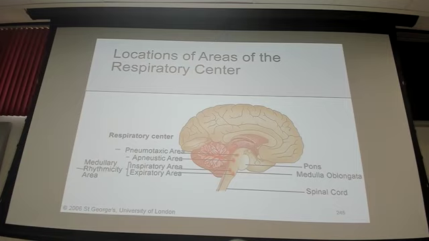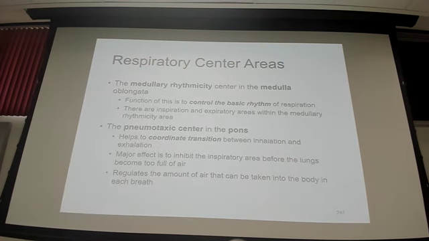Easy. That's where it is, at least. So, the medullary rhythmicity center controls rhythm. So that's good, the basic rhythm of inspiration, right? So kids who threaten to hold their breath until they die, even if they pass out, they'll still keep breathing after they pass out.